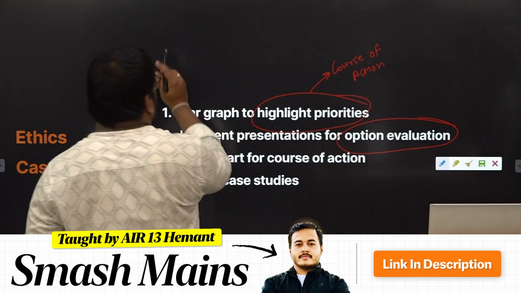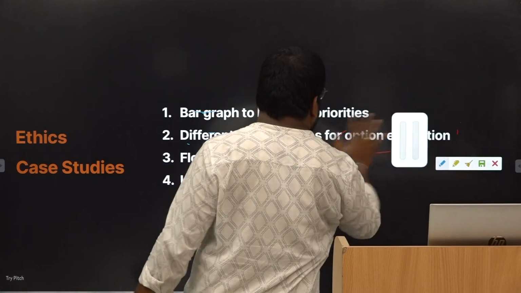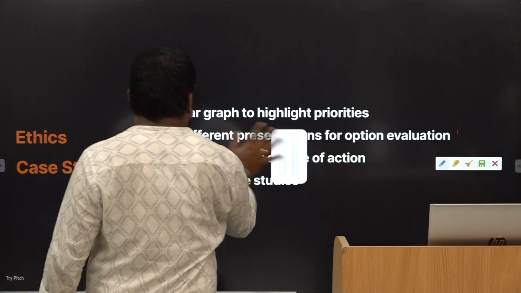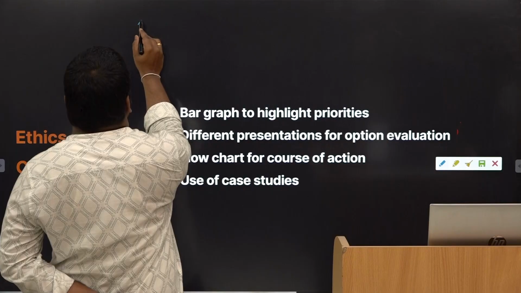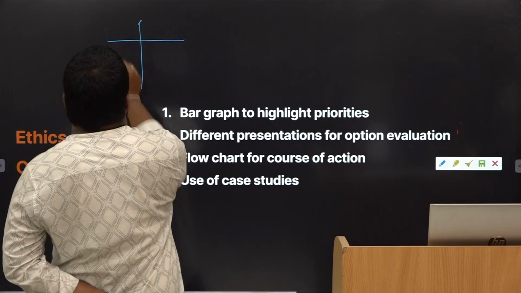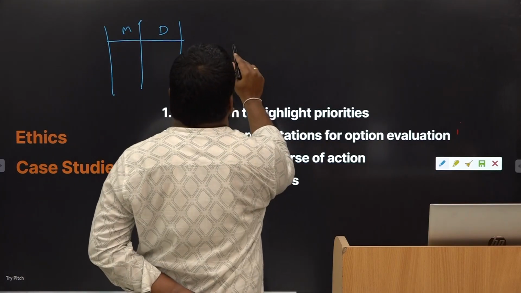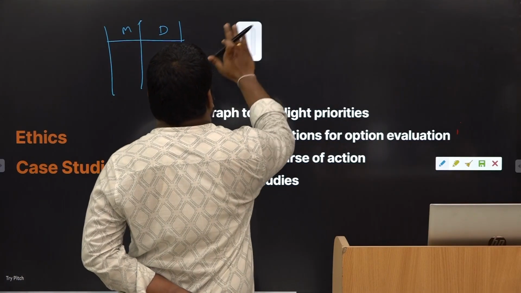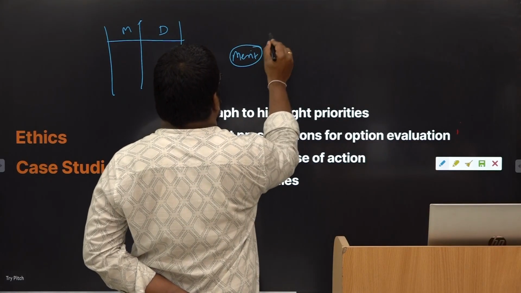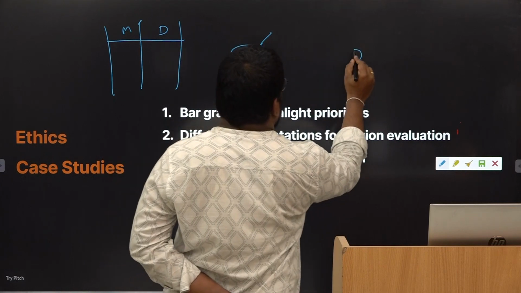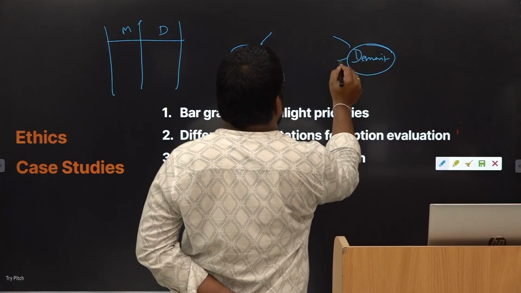For example, in one case study, you can use a table for merits and demerits. In second, you can use this.